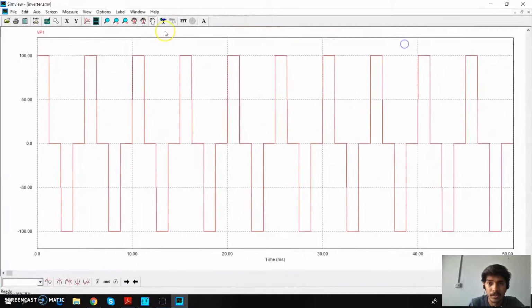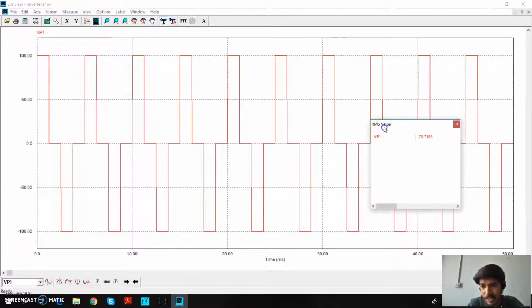For this case, measure the RMS value. So we can see that it is 70.71. As delta here is 90 and pi is 180, therefore Vout is equal to Vs into the square root of 90 upon 180, that is Vs upon root 2, that is 70.7 volt we get.